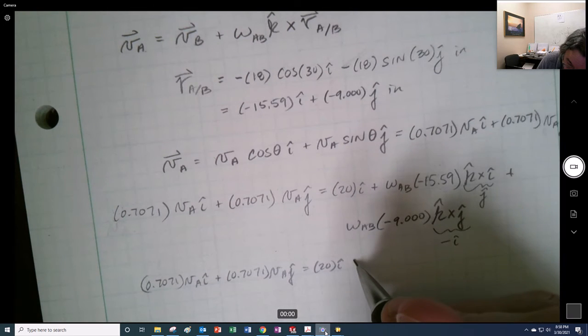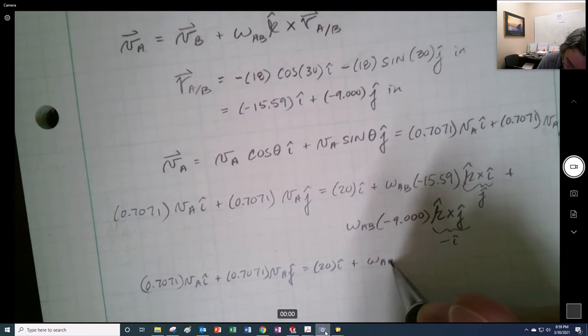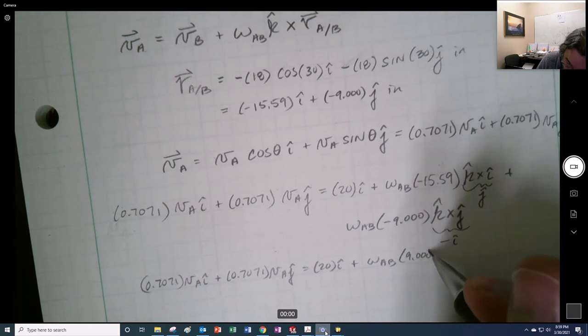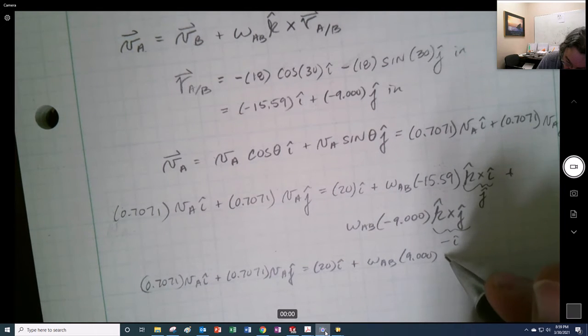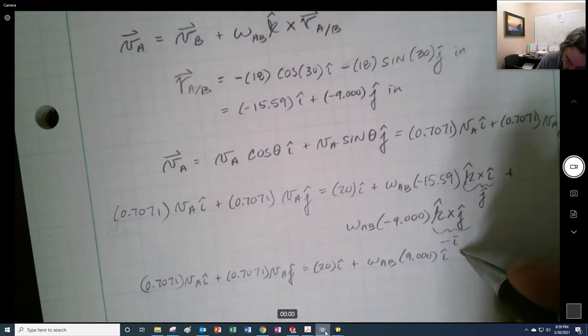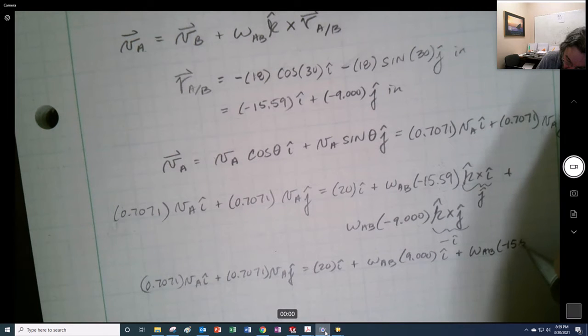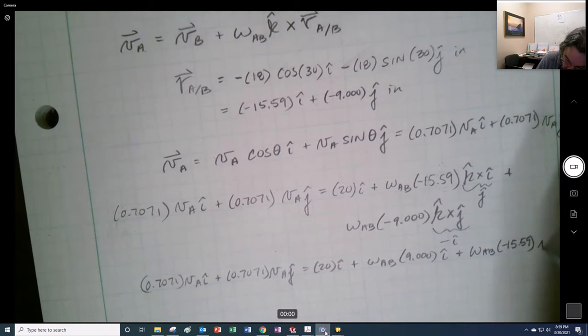And I guess I'm going to write, let's write it in this order here. Plus omega AB 9, because I got rid of that negative and negative, plus omega AB negative 15.59 j.